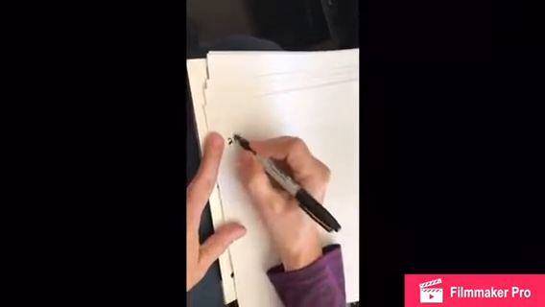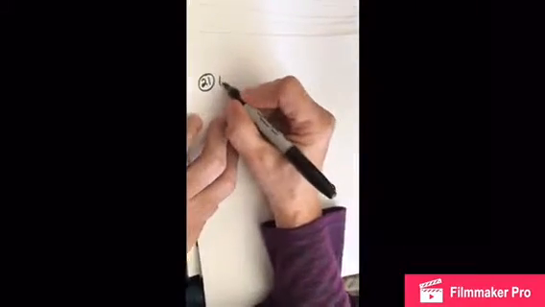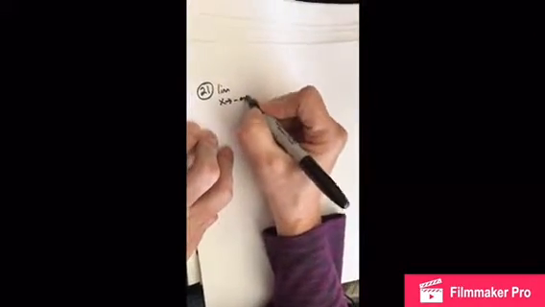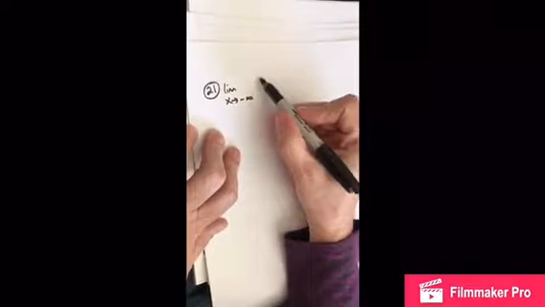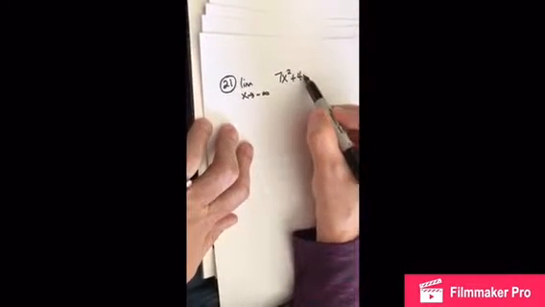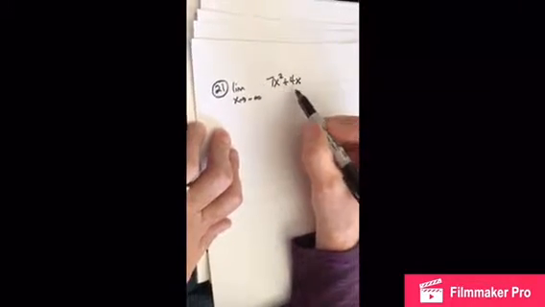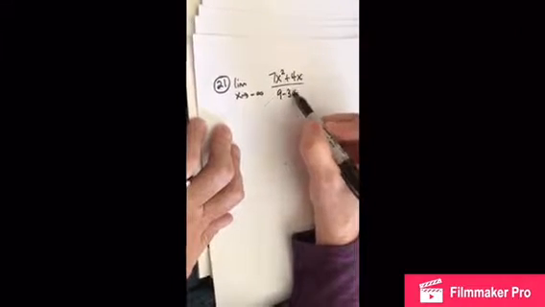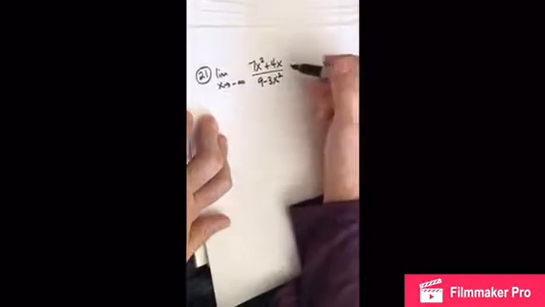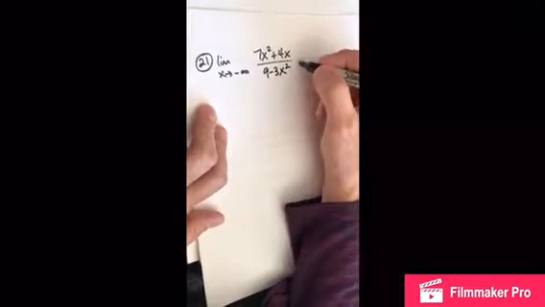Number 21. Limit as x approaches negative infinity of (7x^2 + 4x) over (9 - 3x^2). Again, you're going to get L'Hopital's rule. The requirements are met.